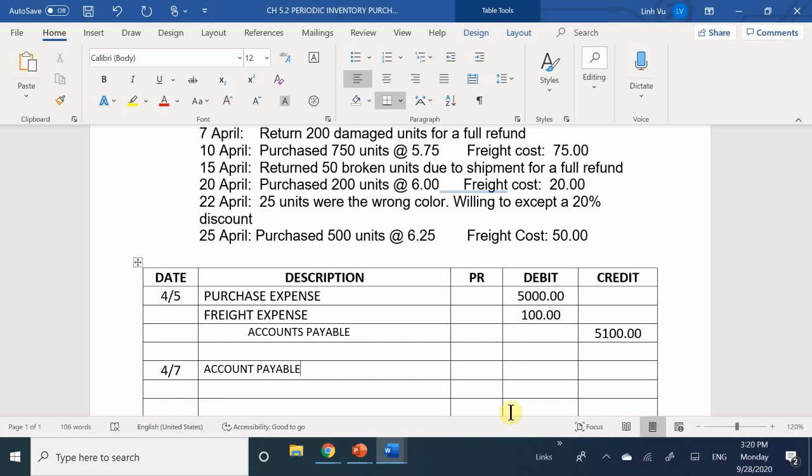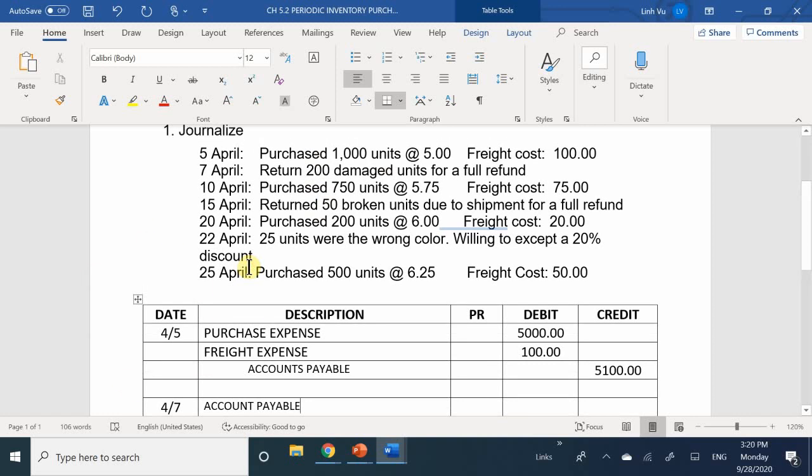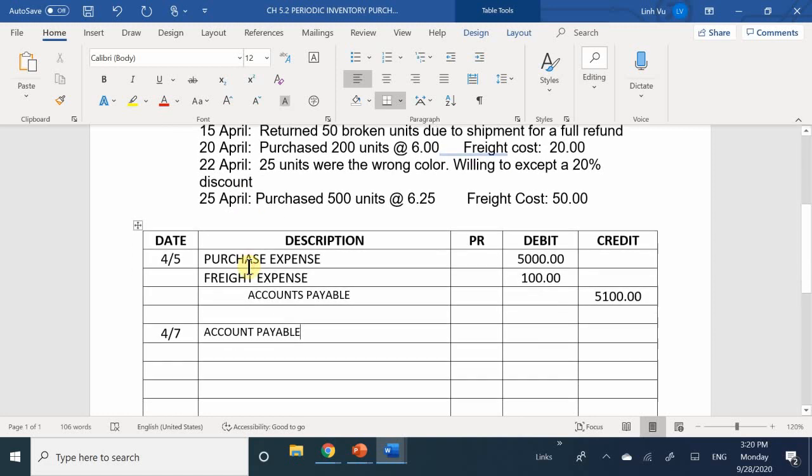Is that right? How much did we originally purchase them for? I can't see that line. I'm sorry. There you go. 1,000 units at $5 a piece. So it's $1,000? Okay. Yeah, $1,000. Yep. Let me double check.